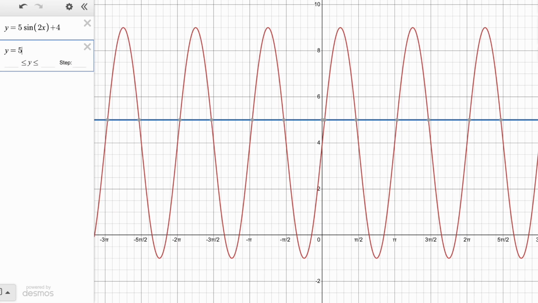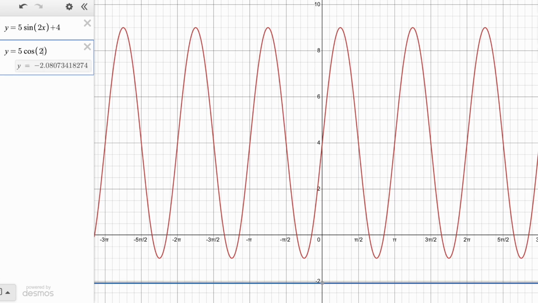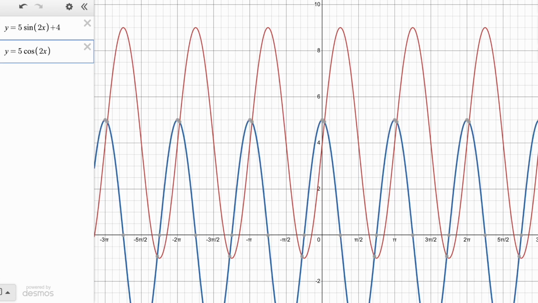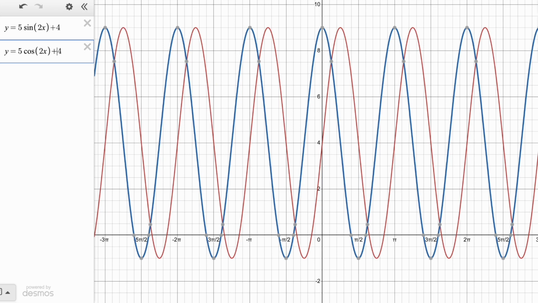Now we're not sure if it's a sine or a cosine graph, but remember the cosine graph is the same as the sine graph but shifted 90 degrees. So I'm just going to try cos and then I'll try sine after. Now we know that b is 2 and we're still looking for c, and then we know it's plus 4 because d is 4.